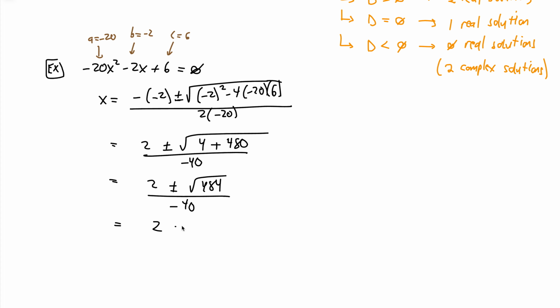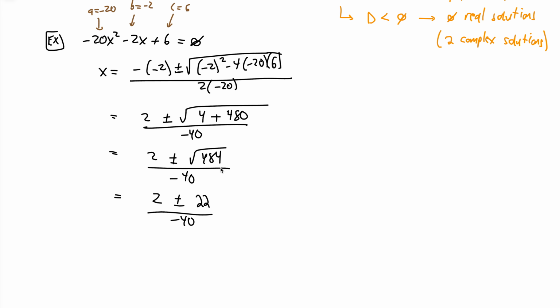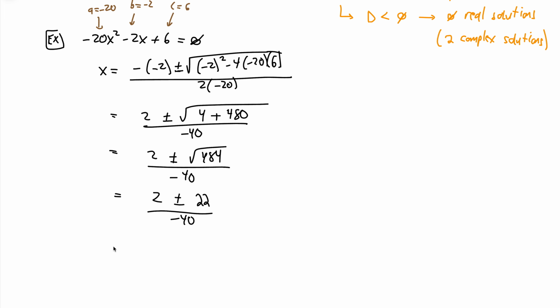That actually does become a perfect square. The square root of 484 is 22. Again, you might want to do a factor tree or something like that to break that apart. But either way, we should come out to this. You can even just plug it in your calculator to see that. But if you're doing it by hand, of course, you might want to do a factor tree.